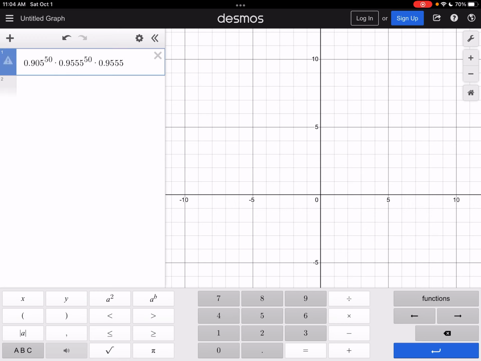Multiplied by 0.9555 raised to the power of 50. I missed something here. How many have I done? Yeah, so I've done 1, 2, 3, 4.